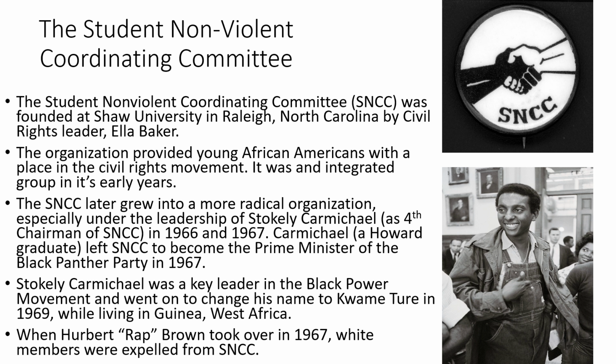But because they weren't all on the same page in the Student Nonviolent Coordinating Committee, he leaves that organization in 1967 to become the Prime Minister of the Black Panther Party. Carmichael, key leader of the Black Power movement.